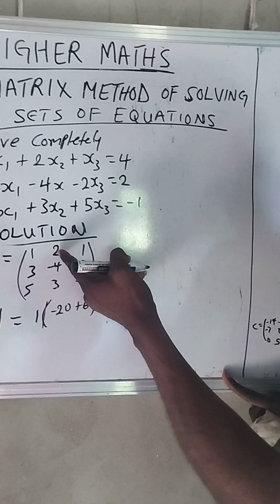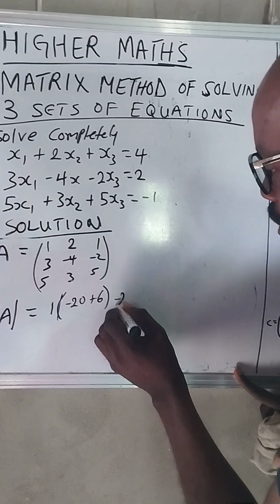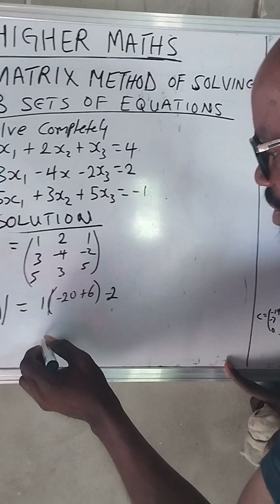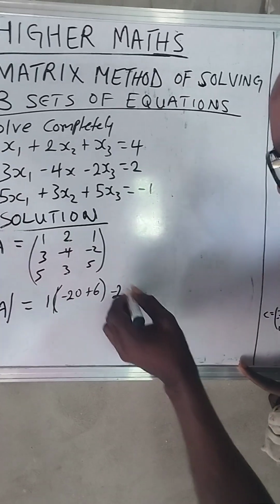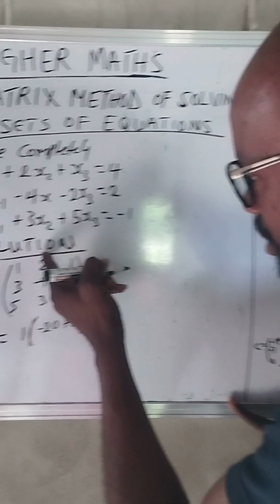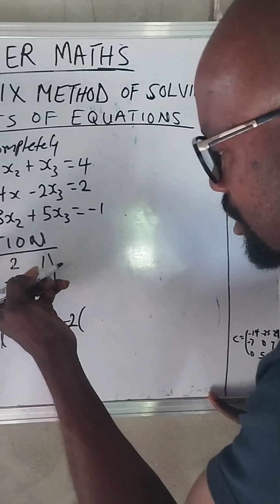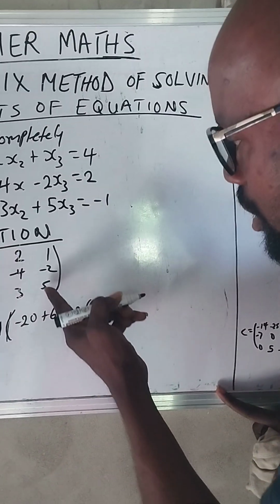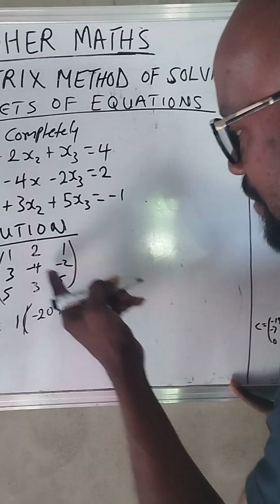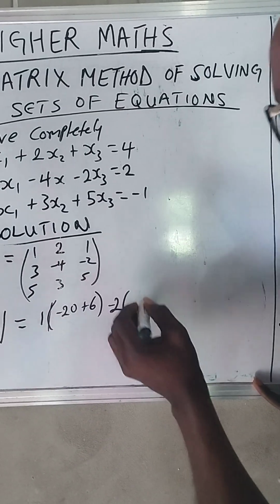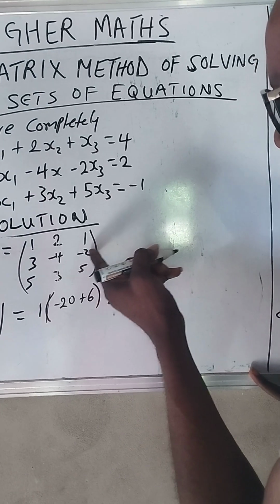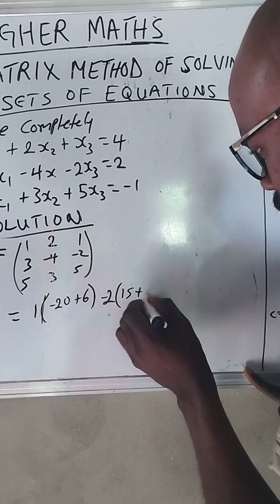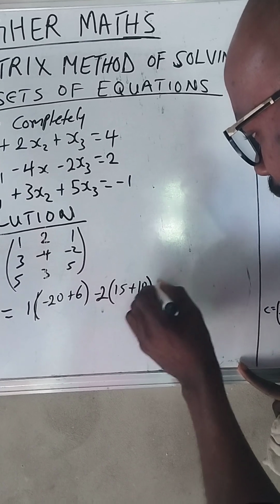Then the next one is minus 2, because you are using the principle of plus minus plus. Bring out the minus 2, draw a vertical line across 2, and draw a horizontal line across 2. You have 5 times 3, 15, minus 5 times minus 2, which is plus 10.